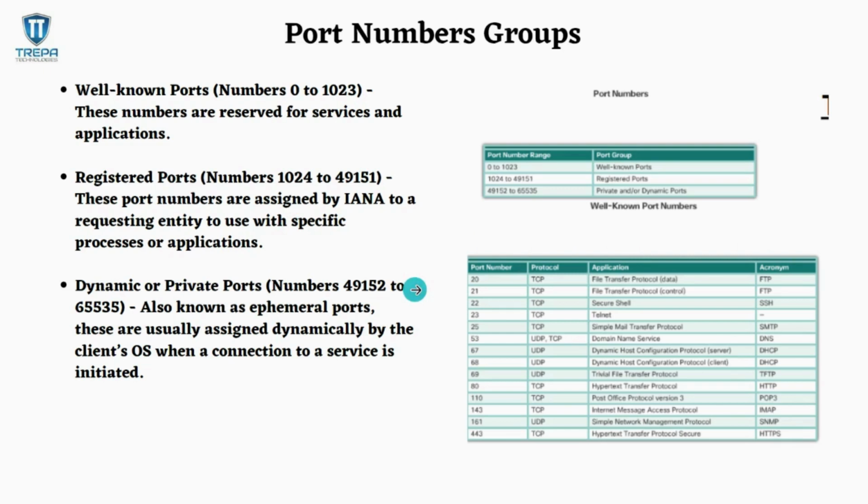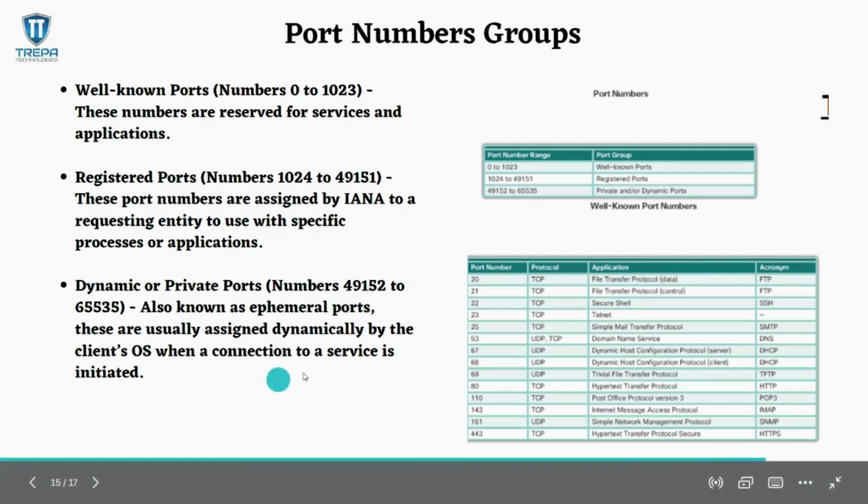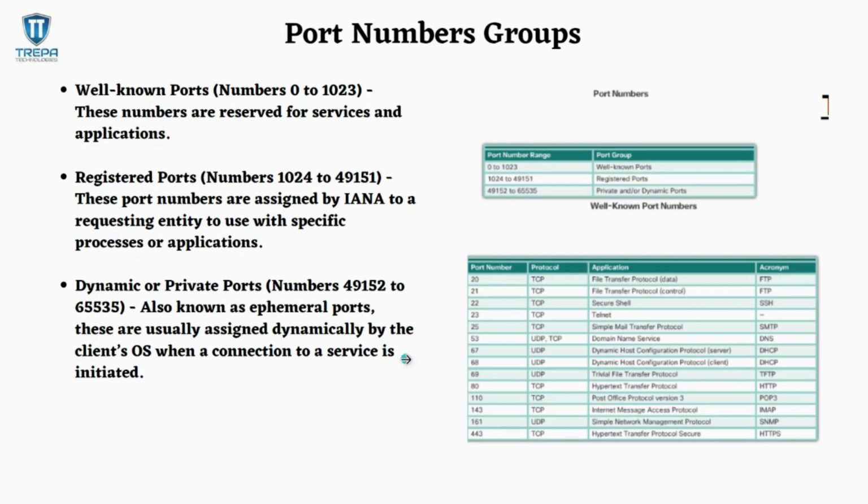And then we have the dynamic or private ports. They're known as ephemeral ports. What this means is they're created dynamically by our client and our operating system when a connection to a certain service is initiated. So these are usually our source ports when we're the client, right? From the client perspective.